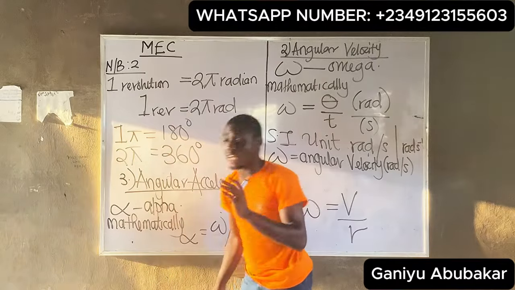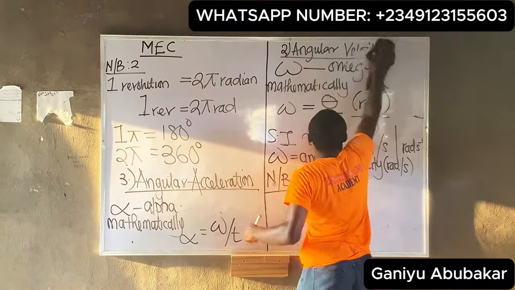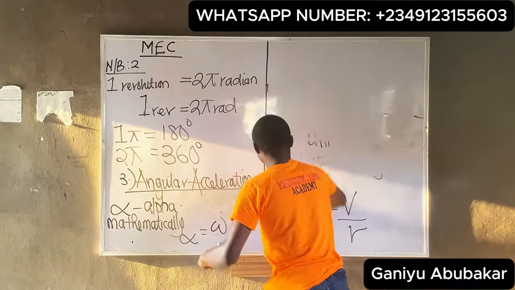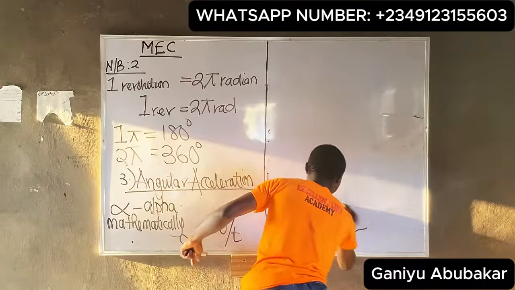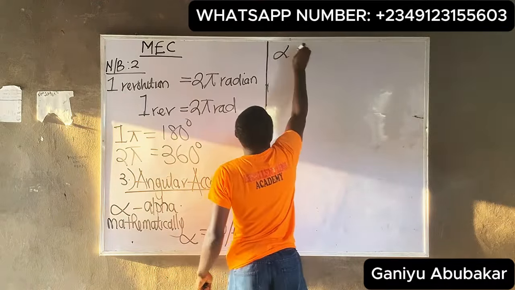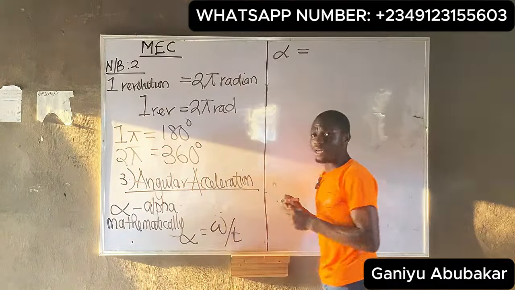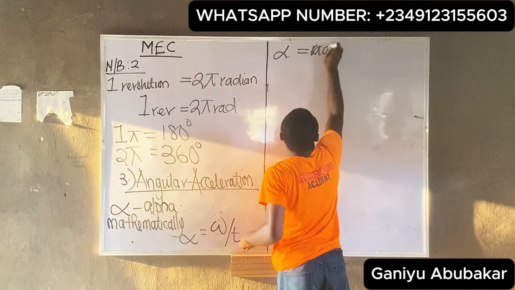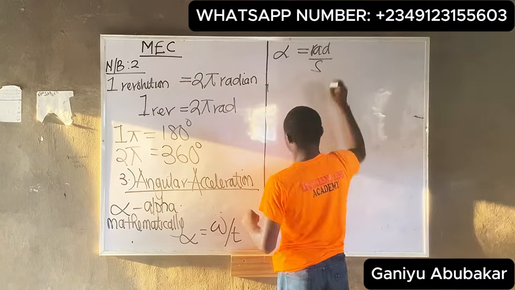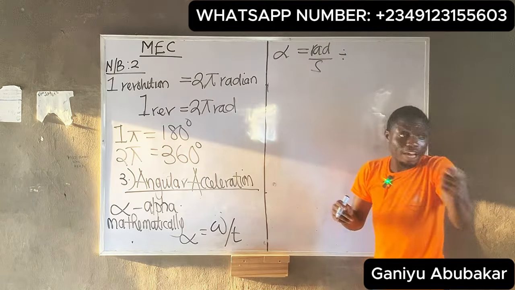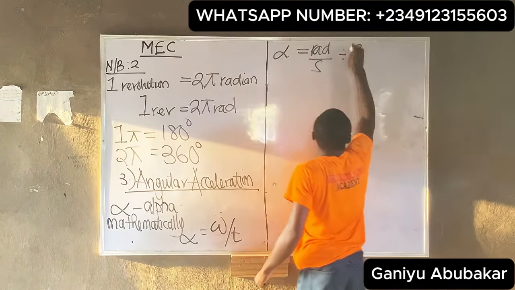Rad per second squared. The SI unit, please. We said alpha is omega over t. What's the SI unit of omega? Rad per second. Now divided by t, which is seconds.